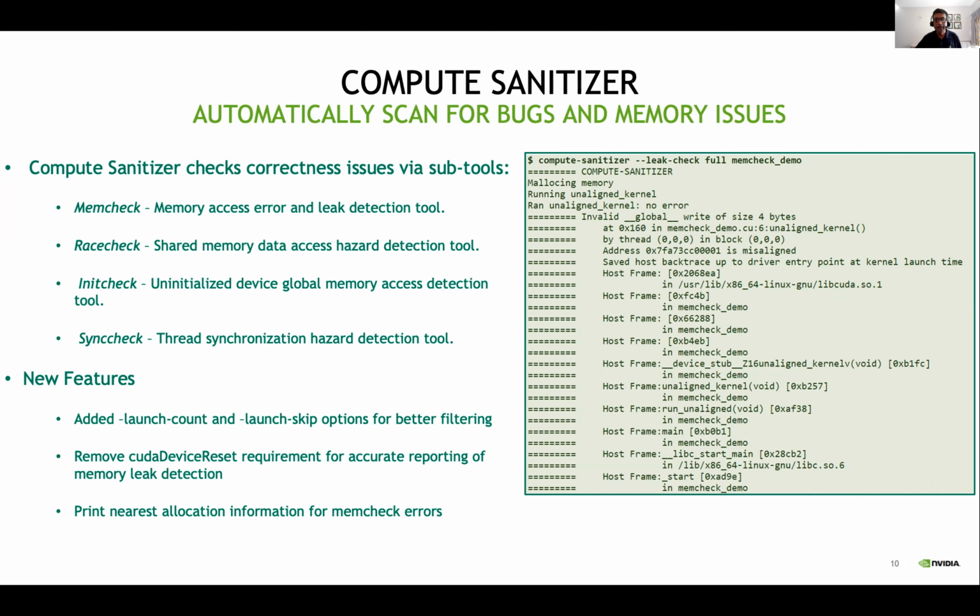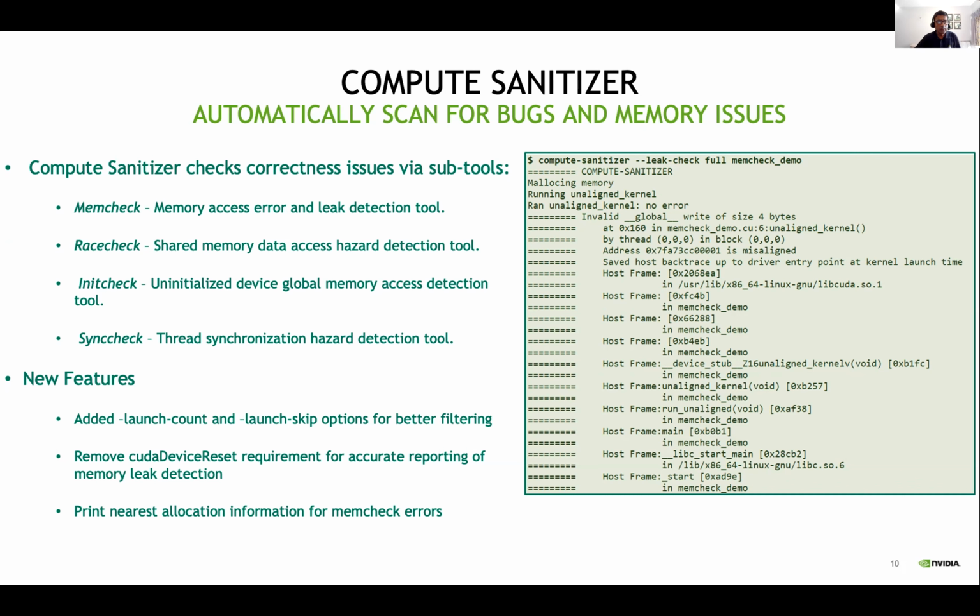Here on the right, we see a screenshot which is running the leak check, and this is the application which is showing that. It shows you that you have an invalid global write of this size at this specific PC address in this source code in this particular kernel with details of the call stack.